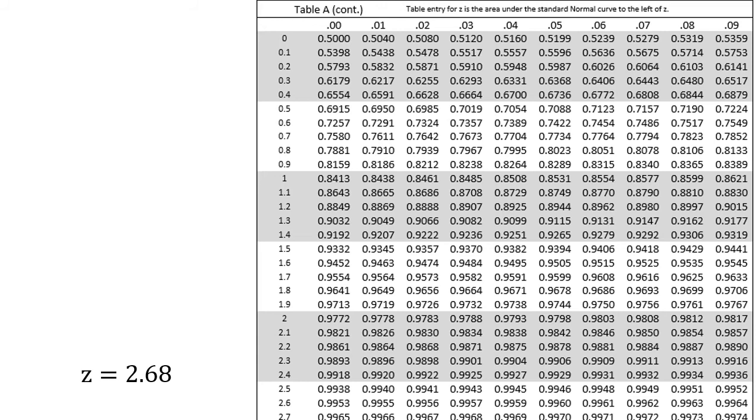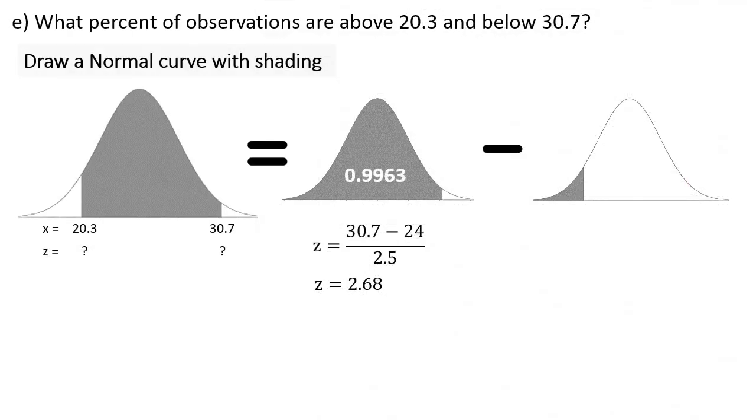So we have 2.86, looking at 2.8 and 6 and the intersection of those two, 0.9963. That is the area here, 0.9963. And now let's work on the next normal curve.